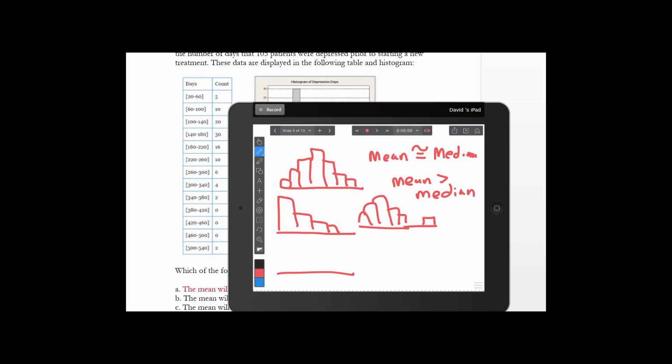And if you have something the other way, especially if there's an outlier over here, then you're going to have the mean less than the median. These extreme values or skew will draw the mean away from the middle of the distribution, away from the median, and the median will still stay in the middle of the data set.